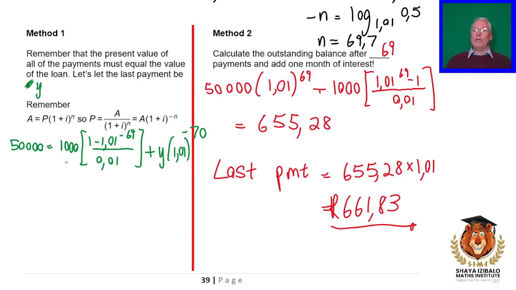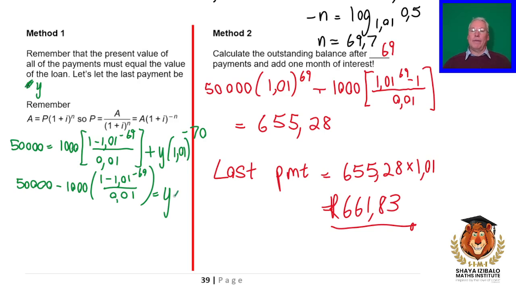So what we're going to do is work out what this stuff is equal to. In fact, we can do the whole thing. We can go 50,000 minus 1,000 times 1 minus 1.01 to the minus 69 over 0.01. That will equal Y times 1.01 to the minus 70.